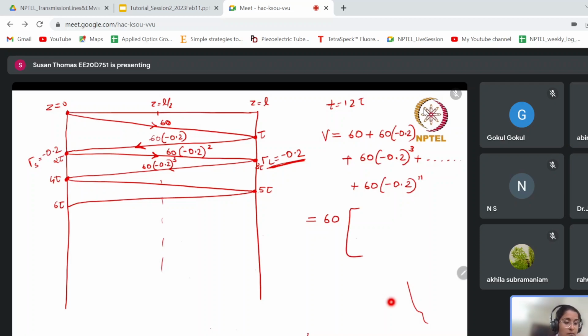This is a GP for which the value of r is minus 0.2. The sum of a finite GP is 1 minus r raised to n, so minus 0.2 raised to 11, divided by 1 minus r, so minus 0.2. I hope this is clear and you can find the final answer.